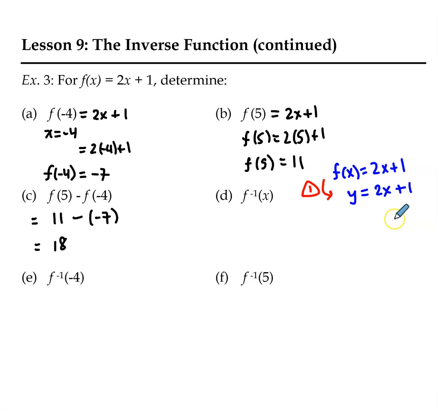The next thing we do is flip the x and y values, and we continue to isolate for the y.